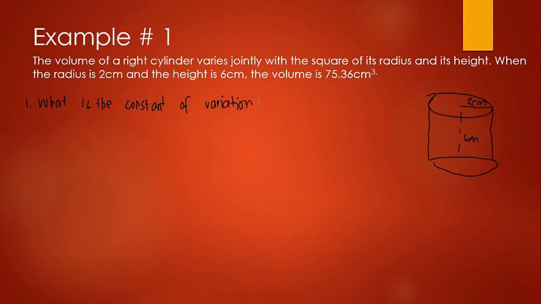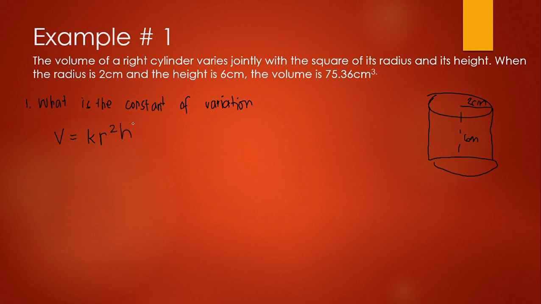How are we going to look for the constant of variation? Let's write an equation first. Volume varies jointly, so let's write V. Volume varies jointly with the square of the radius and the height. So we have V = k, radius, let's use R, the square of the radius, and the height.